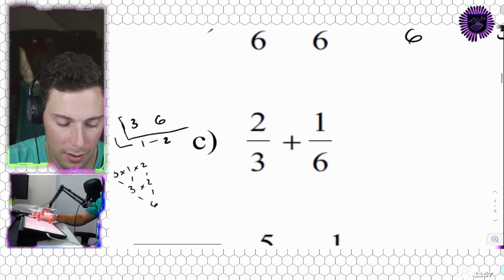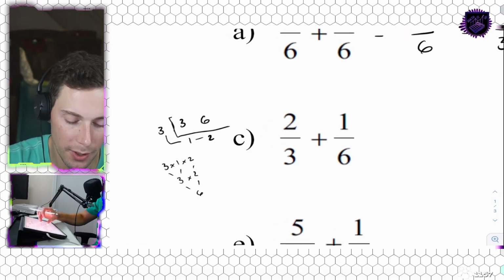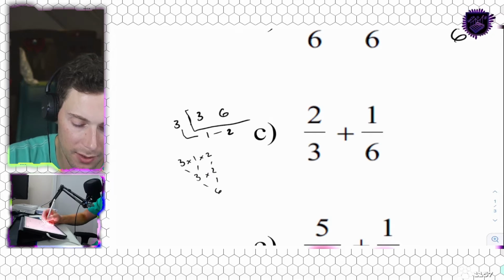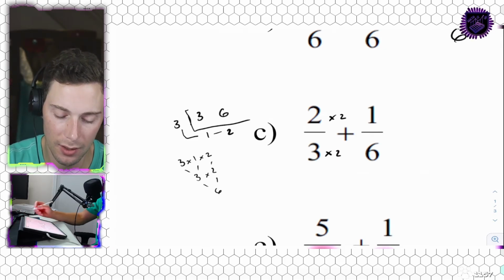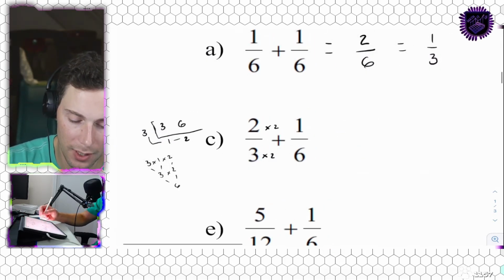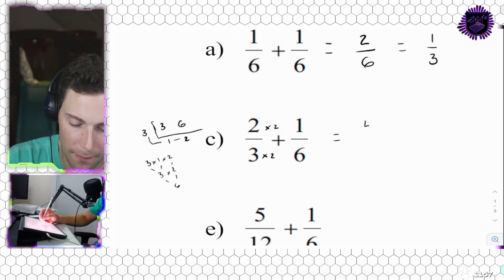So what you have to do is turn 3 into 6, times 2. And if you do the bottom and the top, you're creating an equivalent fraction. Let's rewrite this fraction. So this will be equal to 4/6 plus 1/6.